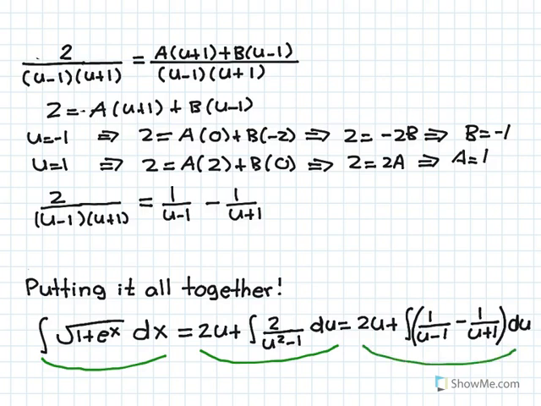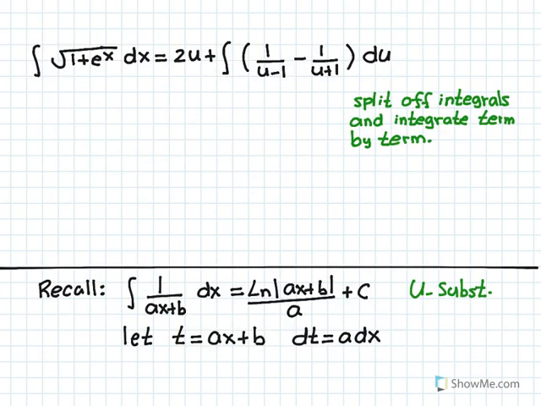All that remains is to integrate term by term. So the integral of root of 1 plus e to the x dx is equal to 2u plus the integral of 1 over u minus 1 minus 1 over u plus 1 du. So we have 2u plus, splitting off the integrals and integrating term by term, the integral of 1 over u minus 1 du minus the integral of 1 over u plus 1 du.